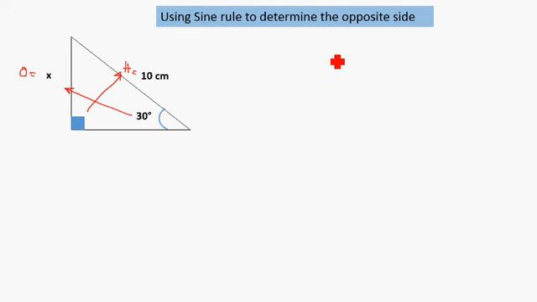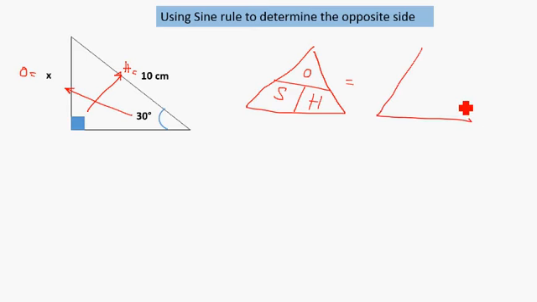Now using the triangle, you can draw the triangle every time. So sine, opposite, hypotenuse, going clockwise, and then putting the values in. So sine 30, opposite I'm not aware of, that's what I'm trying to find, and hypotenuse is 10.